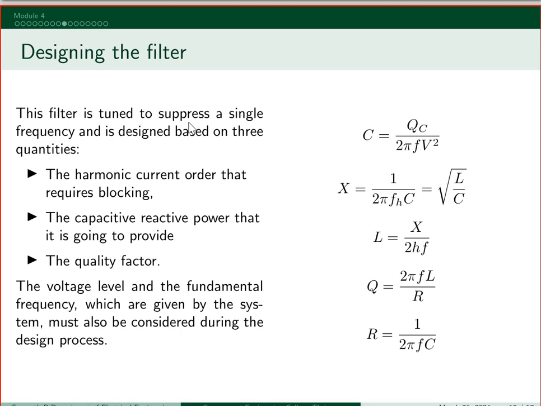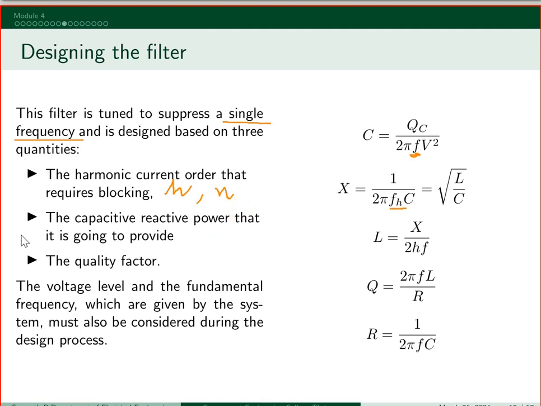Now, once you're trying to design the tuned filter or notch filter, this is designed for a single frequency, which is the harmonic frequency. So that is considered as FH, the frequency for which this entire thing is designed, and F is your fundamental frequency. And the harmonic current order that requires blocking, in this case it is your H. In certain cases this can be termed as N also.